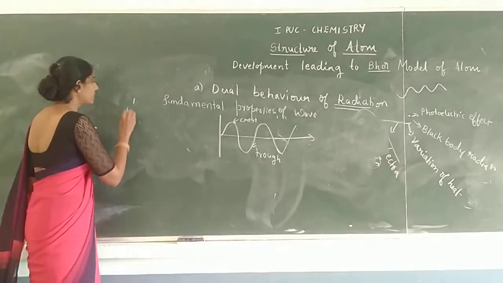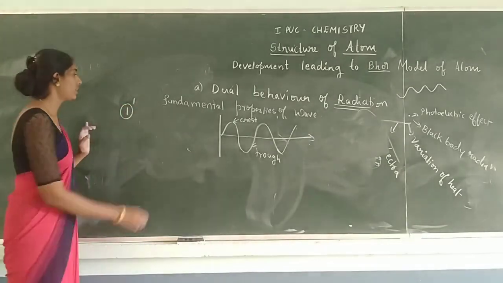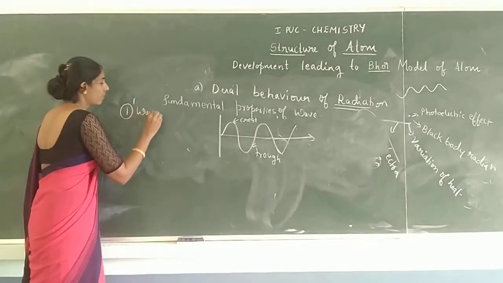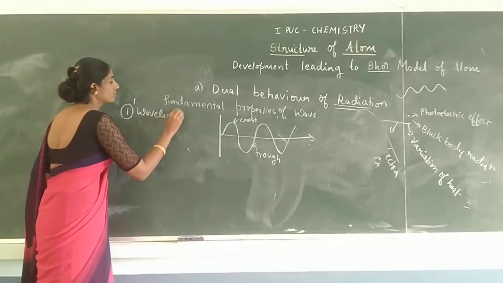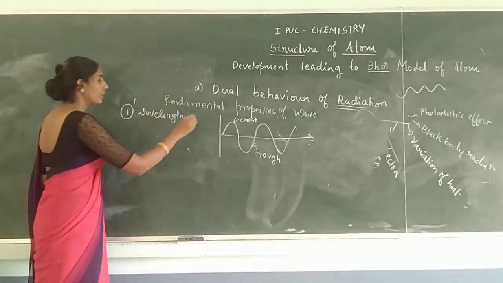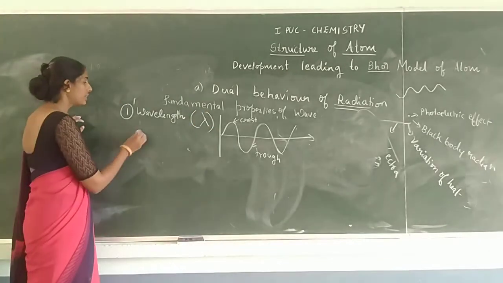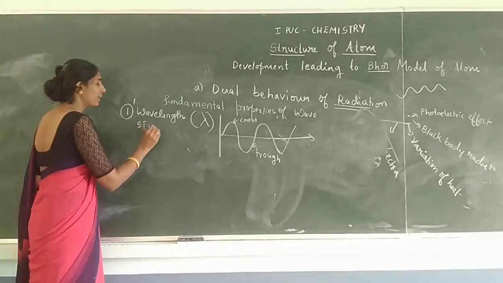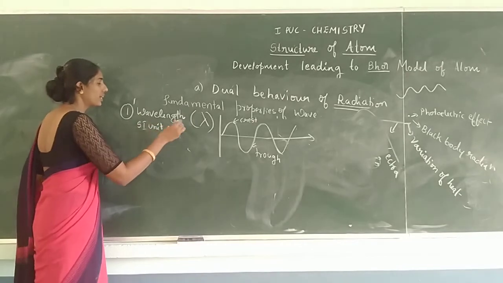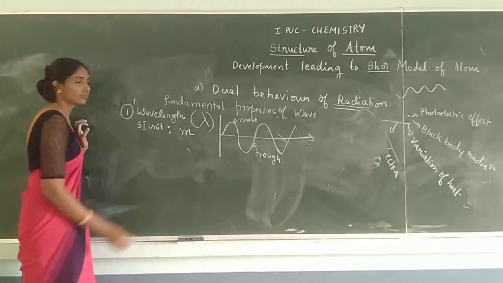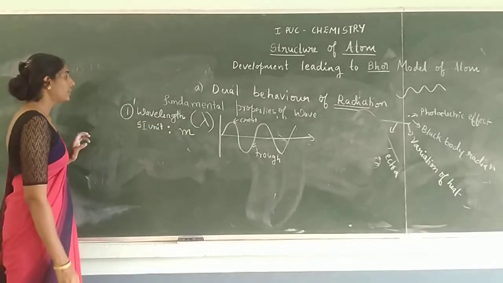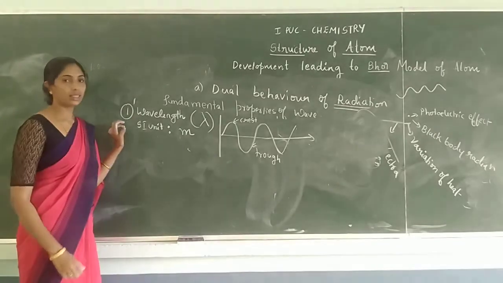The first measuring term used is wavelength. Wavelength can be given by the symbol lambda, and it is measured in terms of meter. Remember? And how can we define the wavelength?